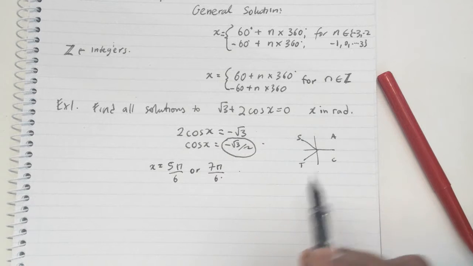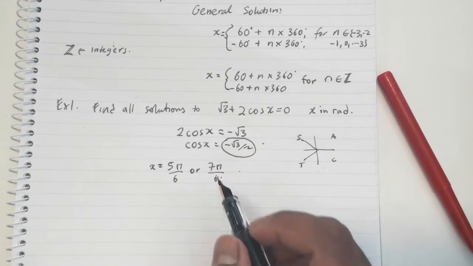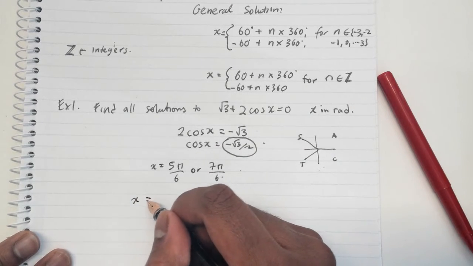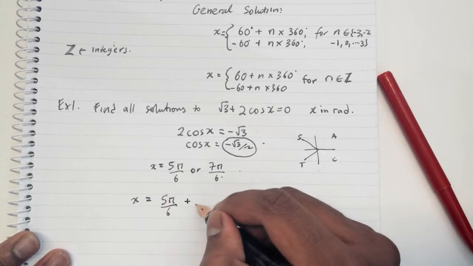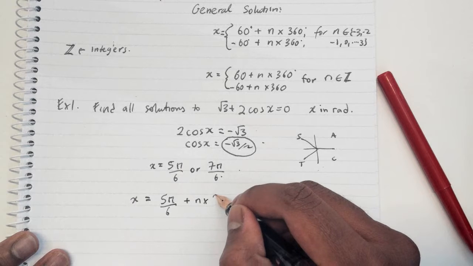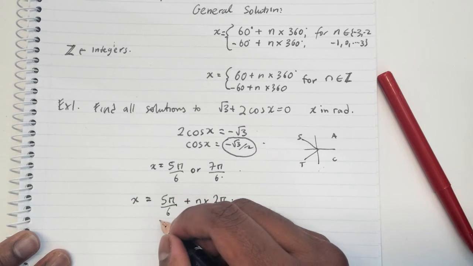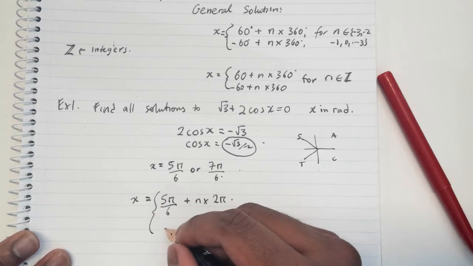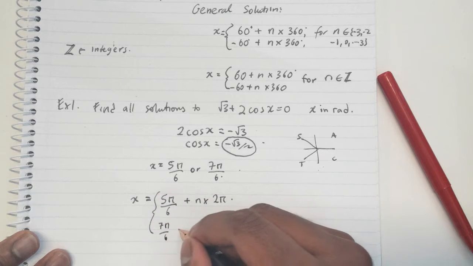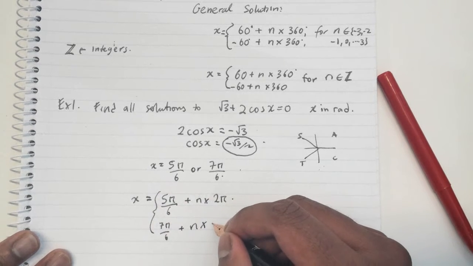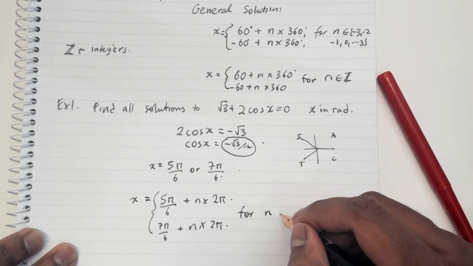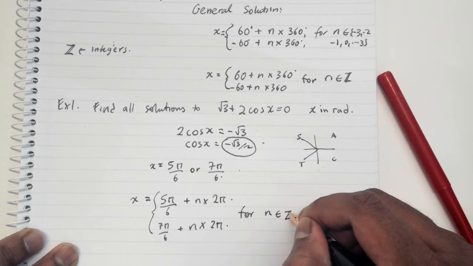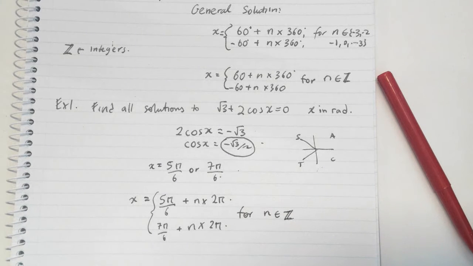But we want all of them. So x is actually 5 pi on 6 plus n times 2 pi, or 7 pi on 6 plus n times 2 pi, for n being an element of the integers.